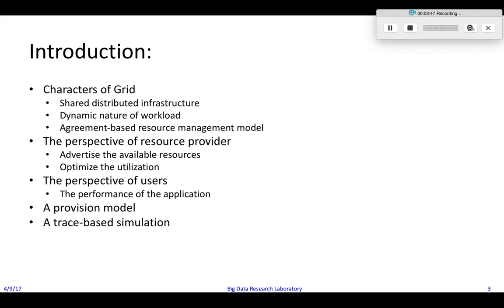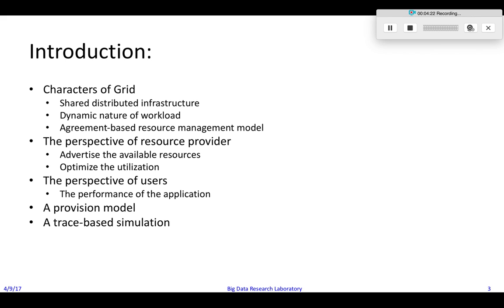From the side of the resource provider, they have two responsibilities. The first one is to optimize the utilization of the grid. The second one is to advise the available resources to users so that they can submit their tasks or not. But from the side of the users, the user only wants to have good performance of the application running in grids.